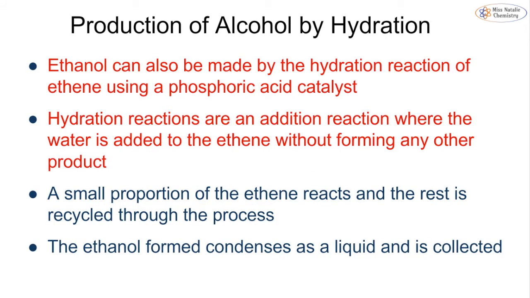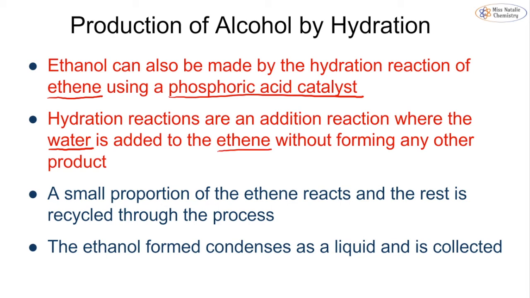Now, the second way that we can produce alcohol is we can use hydration. So the hydration reaction uses an alkene, and we use a phosphoric acid catalyst. Now, hydration, you may be able to work it out, is an addition reaction where we add some water across a double bond, so across the ethene, and then we form ethanol.